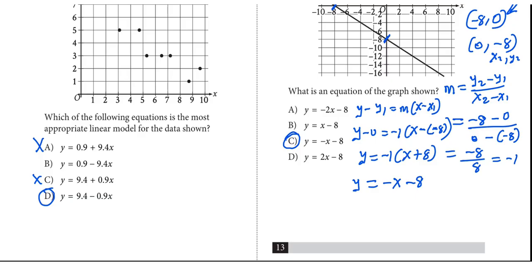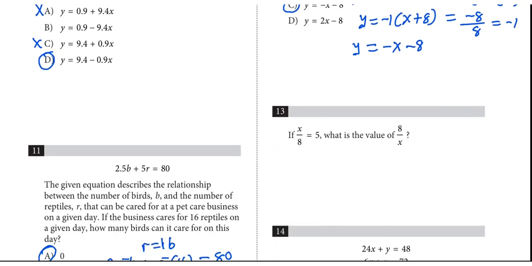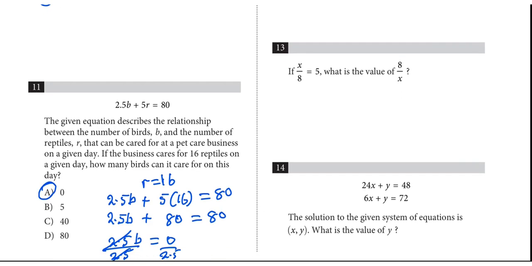All right, so let's go to question 13. If x over 8 is equal to 5, what is the value of 8 over x? So x over 8 is equal to 5. Simply cross multiply.